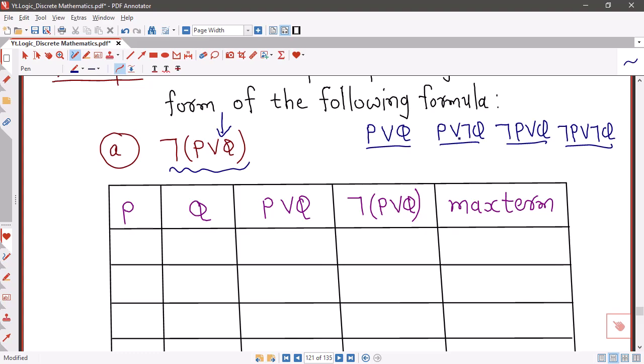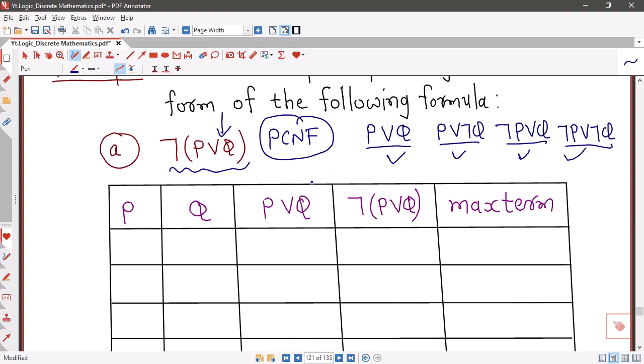All we have to decide is which of these max terms will be in principal conjunctive normal form of the given formula.